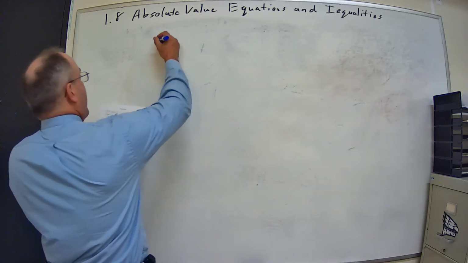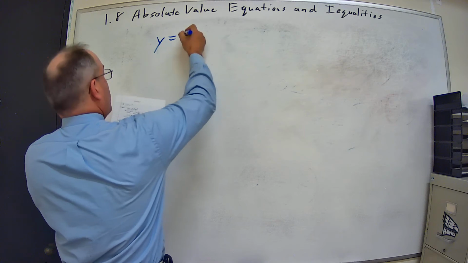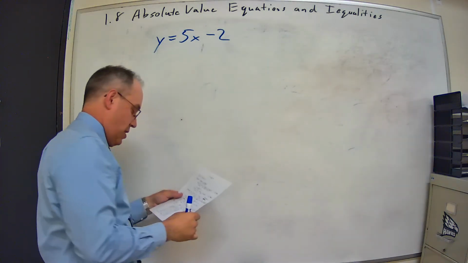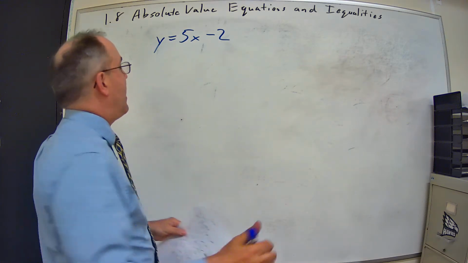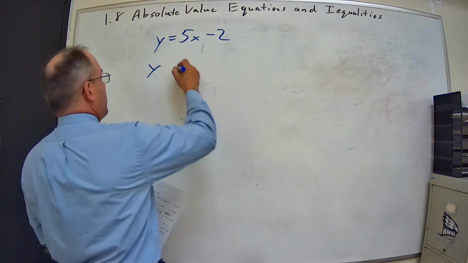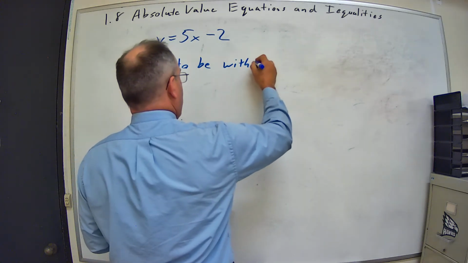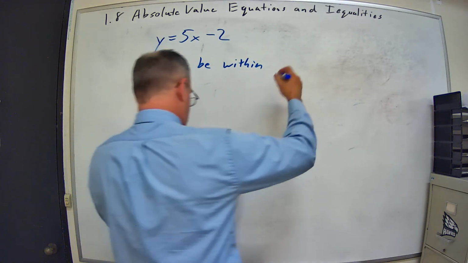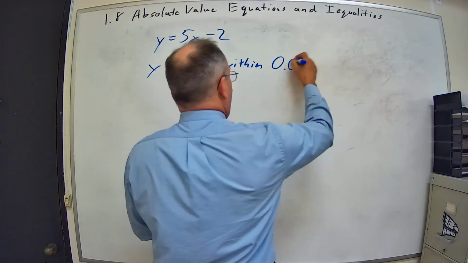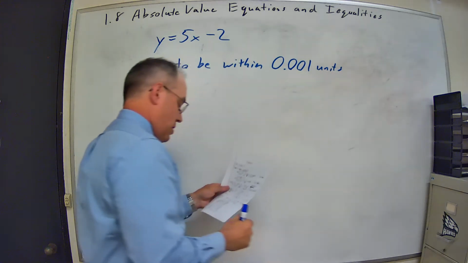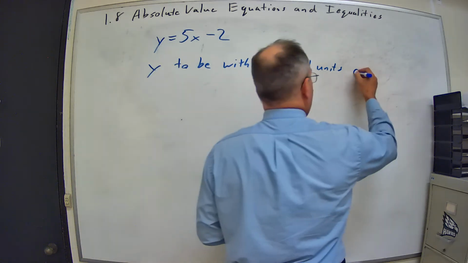Suppose y equal to 5x minus 2, and we want y to be within 0.001 units of 6.